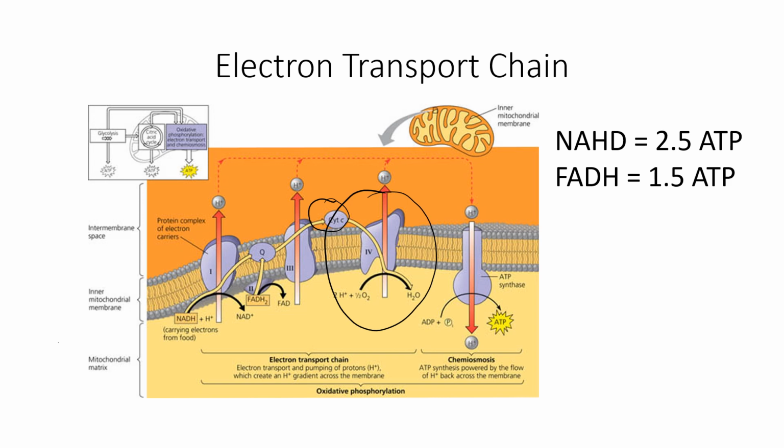A molecule is going to come along and oxidize complex 4, and that molecule then becomes reduced. That's important to understand: complex 4 will become oxidized as well. We're just not talking about how that happens yet, but make note of that.